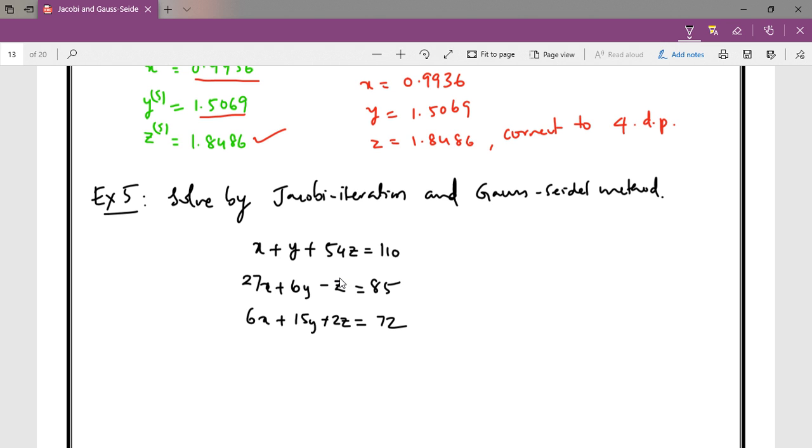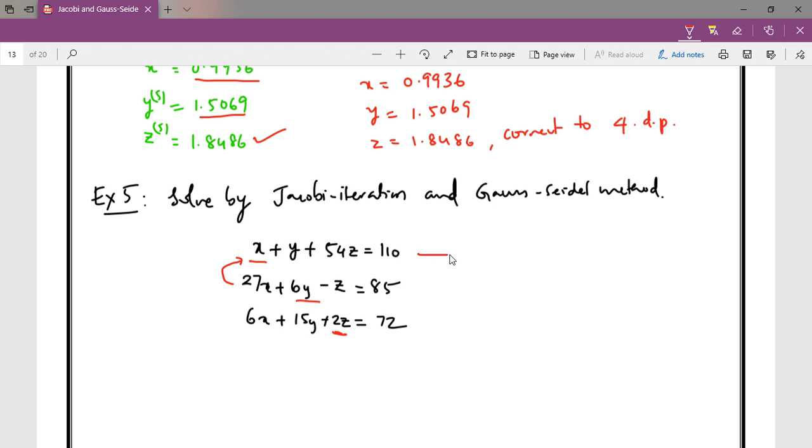Now looking at the given system of linear equations, we see that this is not diagonally dominant. So now how to make this diagonally dominant? If you change this to here, it becomes 27, and if you take this as the second equation, then it becomes 15y, and the coefficient of z is 54.